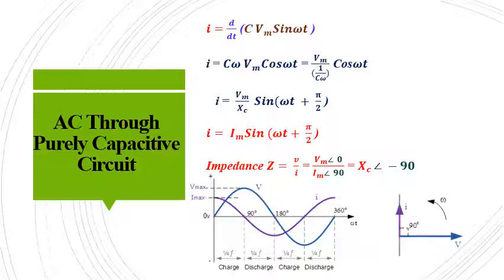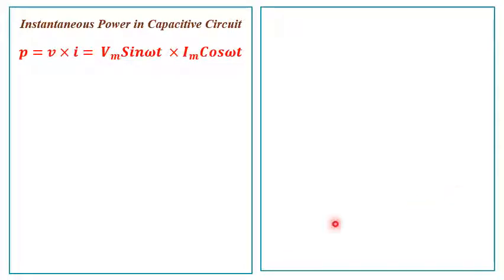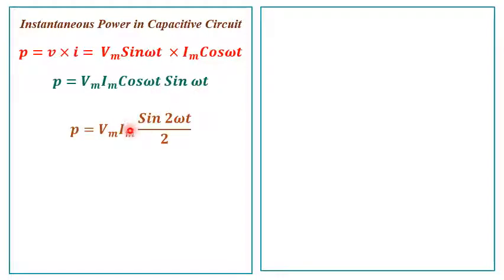Next, we need to find the power consumed by a pure capacitor. Here also the instantaneous value of power is V into I. Substituting for V and I, that is Vm sin omega t into Im cos omega t. We get power equal to Vm Im cos omega t sin omega t, which can be written as Vm Im sin 2 omega t by 2.